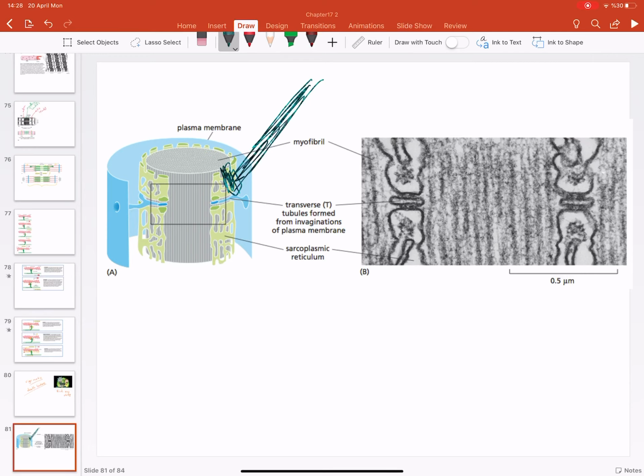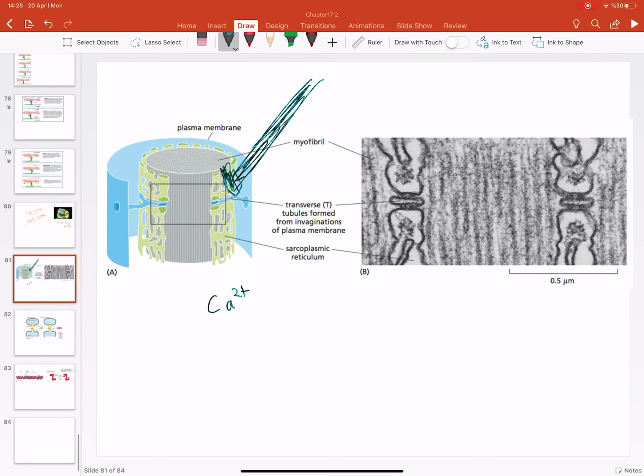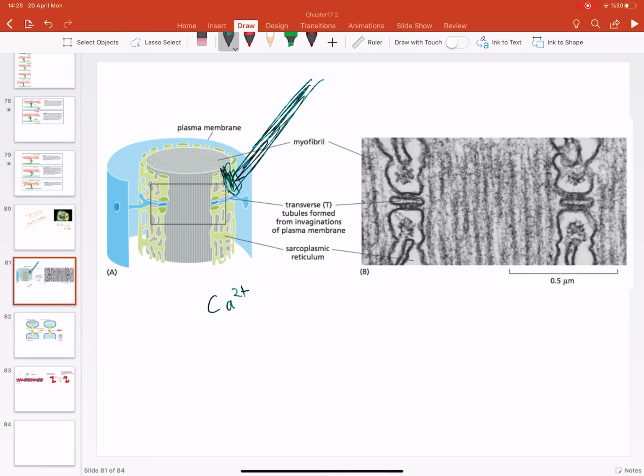To initiate the muscle movement, they use calcium. And now we know that calcium is a very mighty messenger because it's small, because it can diffuse very fast, and because the intracellular calcium concentration is nearly zero. And we know that the cytosolic concentration is nearly zero because all the calcium is stored in the ER.